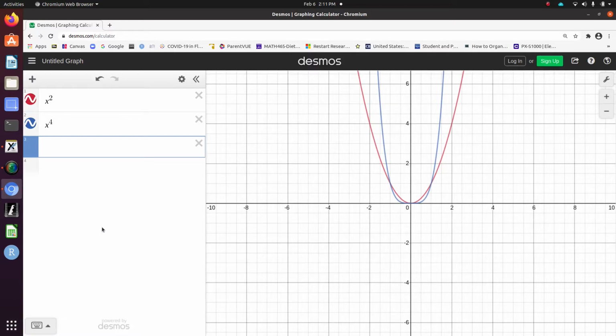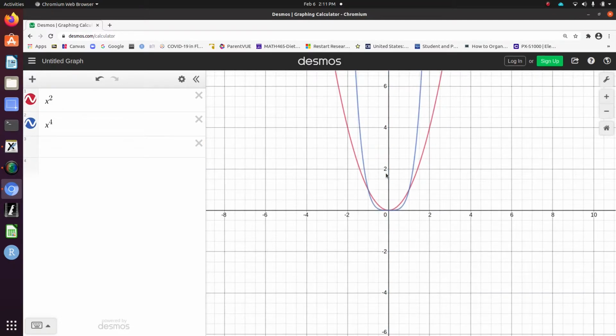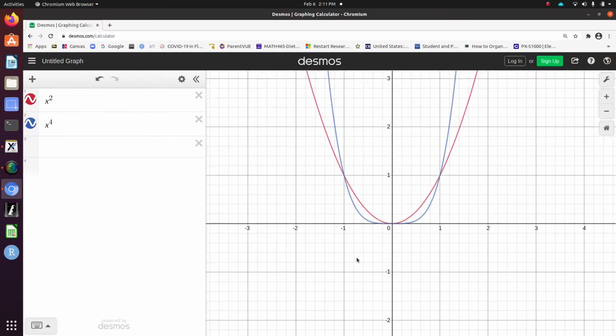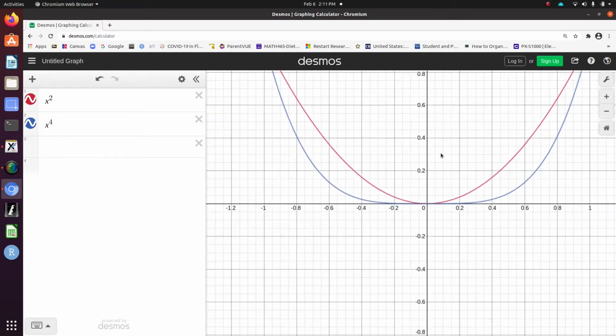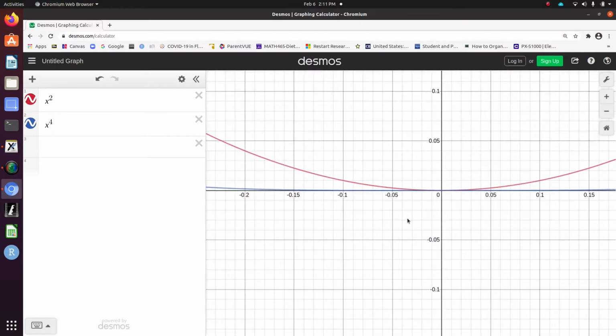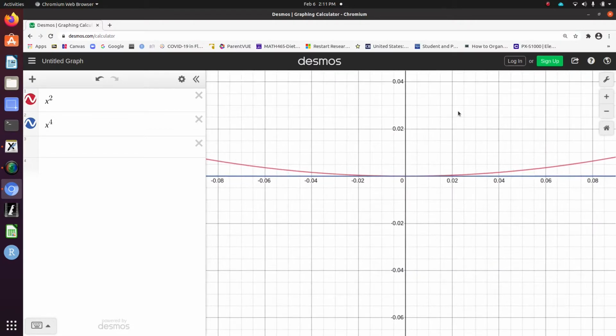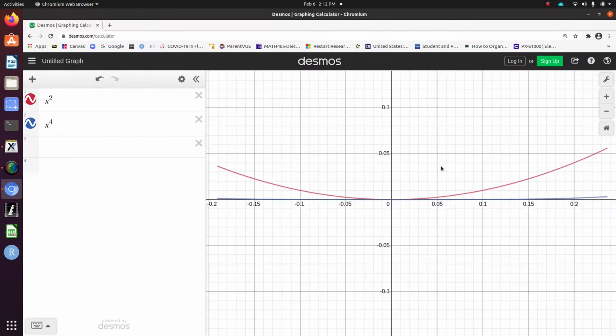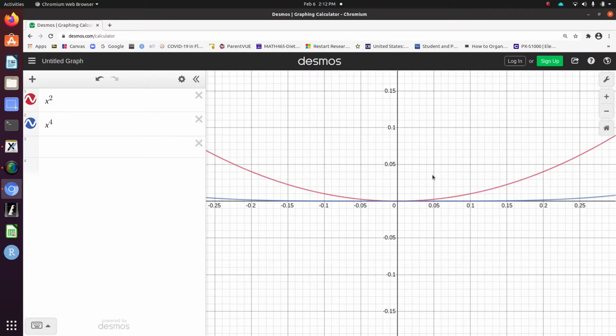Okay, in this case, I have an x squared and an x to the 4th, and it looks like maybe this blue function doesn't really have the same kind of shape as the parabola. So in fact, what's happening is the blue curve, the x to the 4th, is coming down for a landing, in a sense, much faster than the red curve.